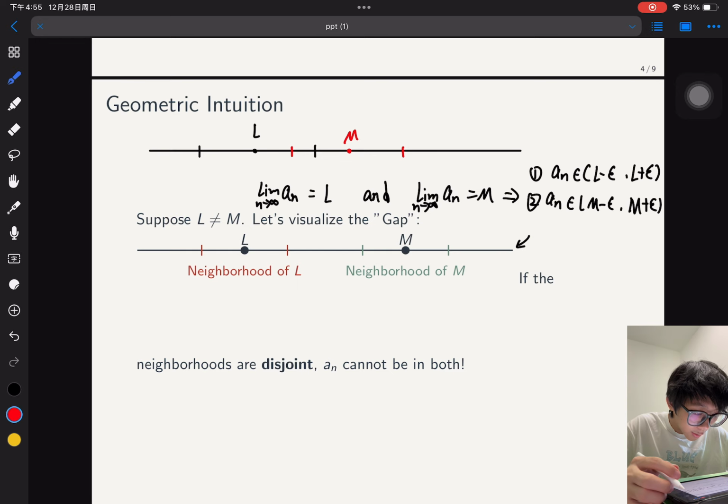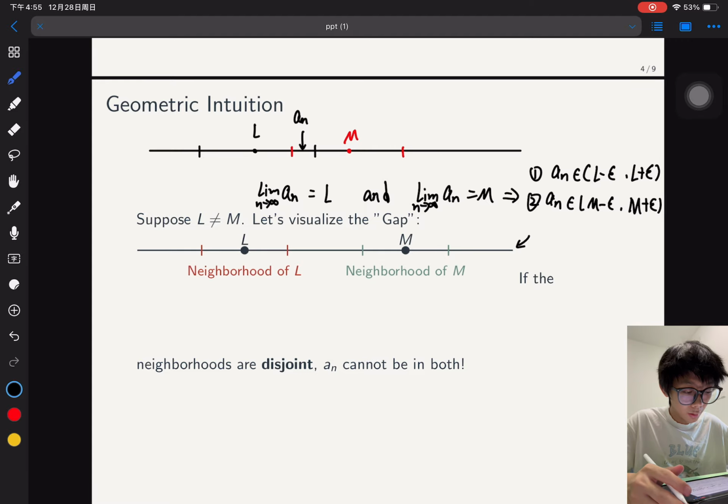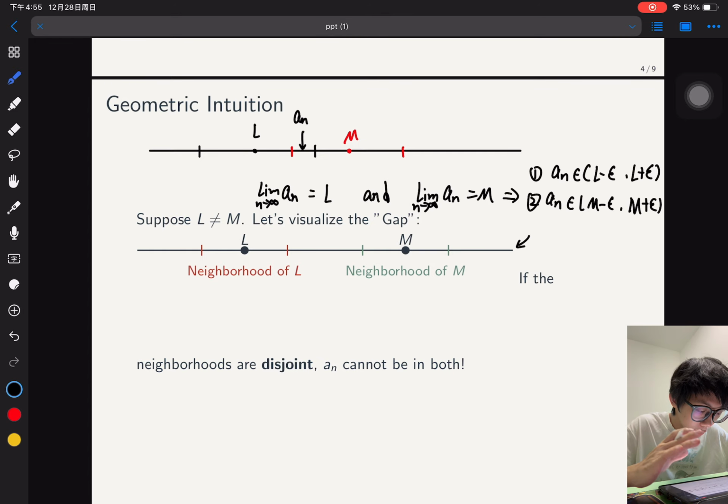It is then possible that some a_n is in this overlapping interval, in both neighborhoods. To find a contradiction, we must choose epsilon to be smaller so that the two neighborhoods are disjoint, and we cannot find a_n in both neighborhoods of L and M. So we know the idea of the proof.